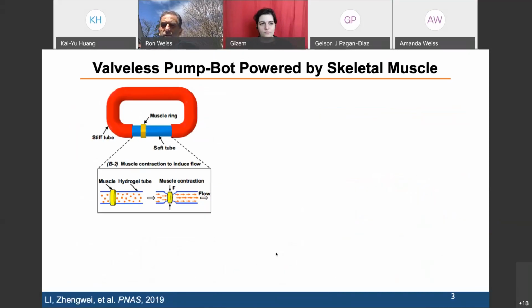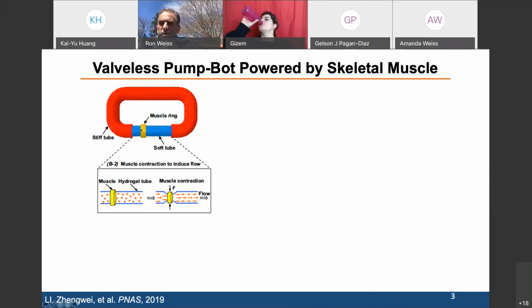And inspired by this pretty simple vascular network, our lab collaborated with Dr. Saif to form a pump bot, which is composed of three components. One is the stiff tube, one is the soft tube, and one is the muscle ring. Because we need tubes with different impedance, we can use the mechanism we mentioned to create a unidirectional flow.